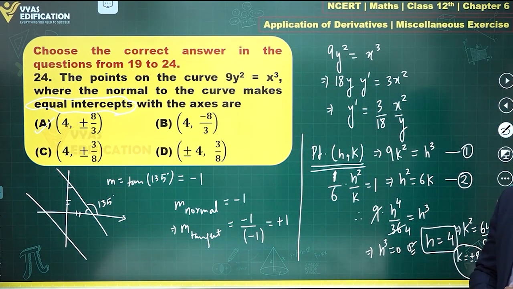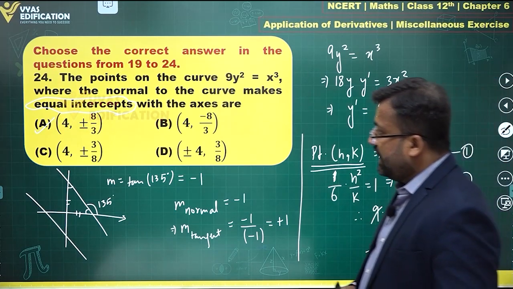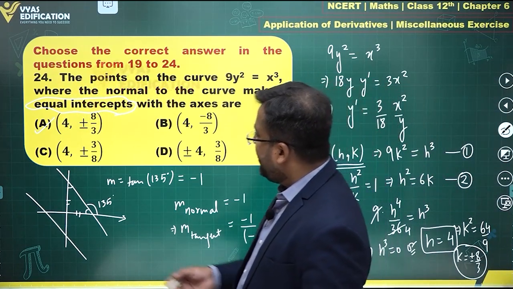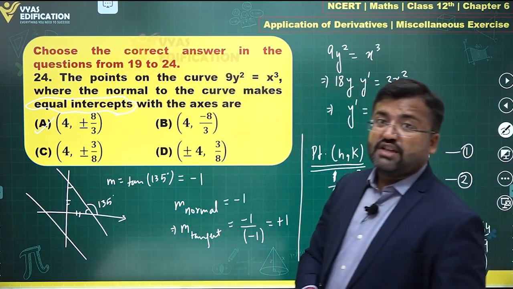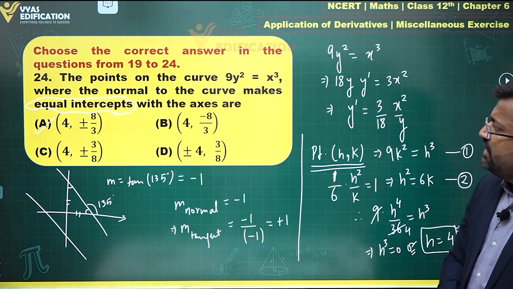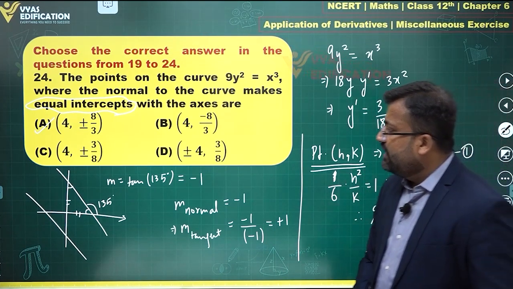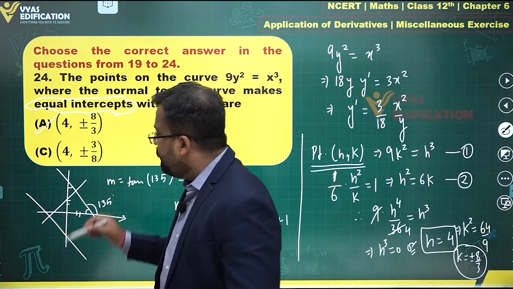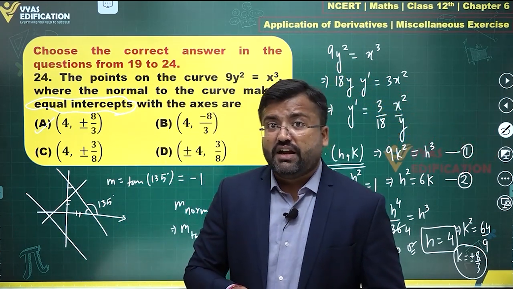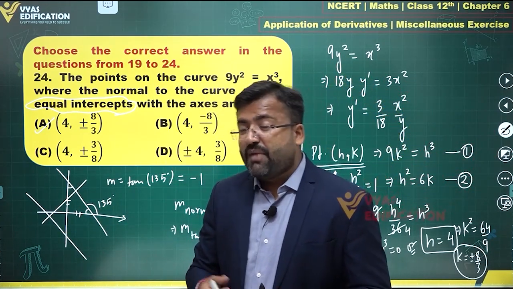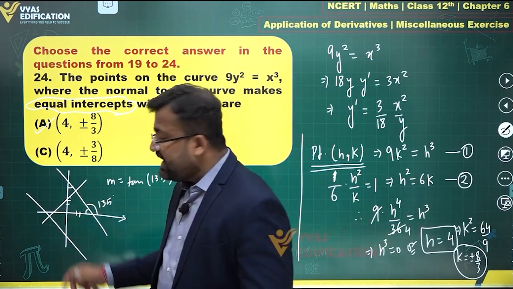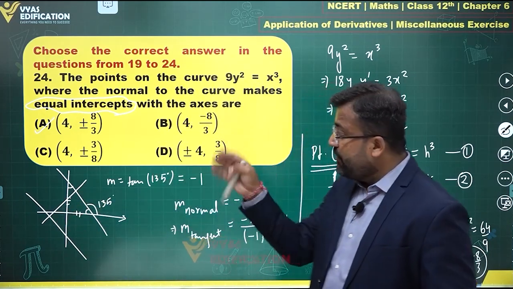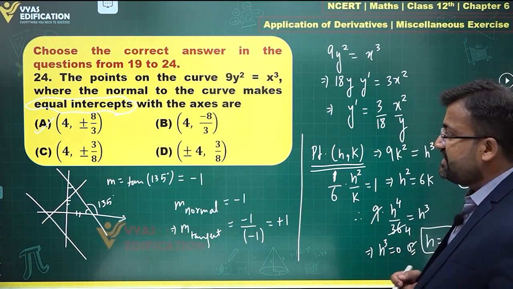But let's check the slope as well. These people may have taken m equal to minus 1 as well, because for this kind of line, the magnitudes of the intercepts are the same. The intercepts are not equal, but without sign, they are the same. When you remove the sign, the modulus of the intercepts is exactly the same.